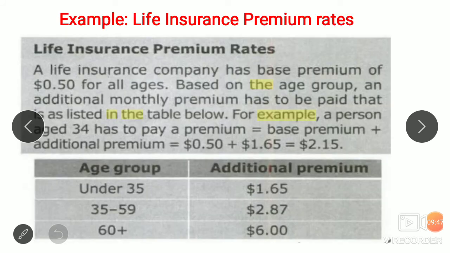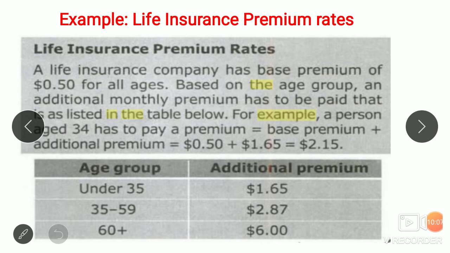Let's take one insurance premium example here. All of you read the slide. Life insurance premium rates. A life insurance company has a base premium of $0.50 for all ages.